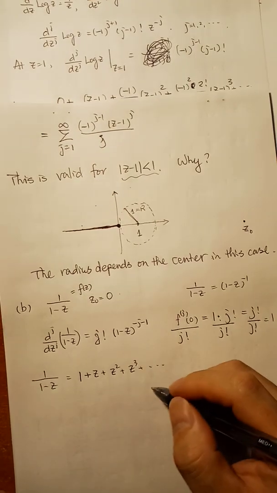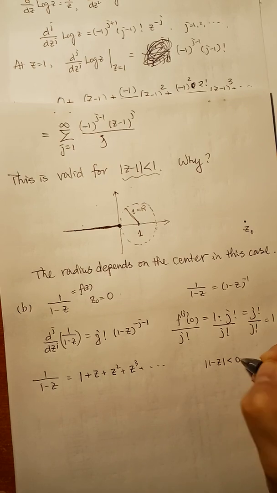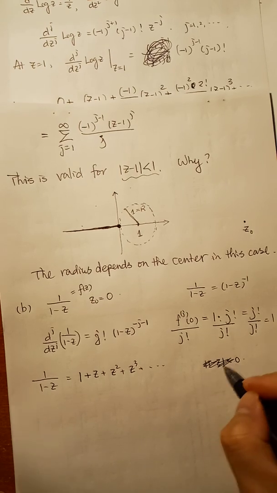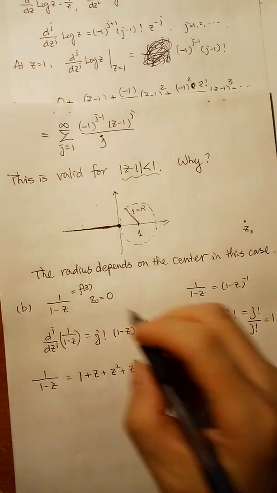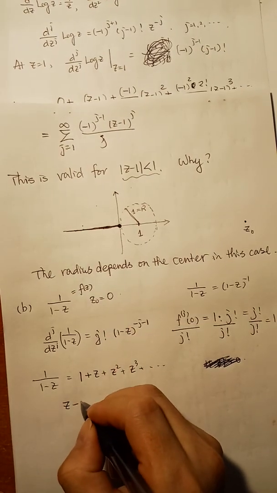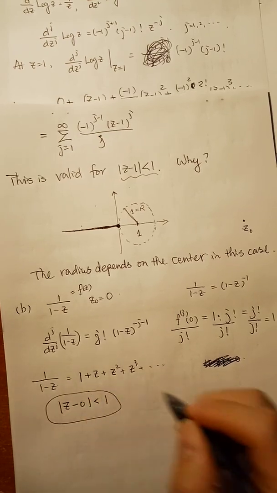And this convergence disk is at |1 minus z| less than 0. Why? It's not that. My bad, sorry. It's |z minus z0| less than 1.